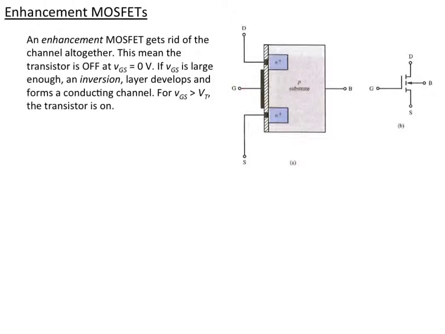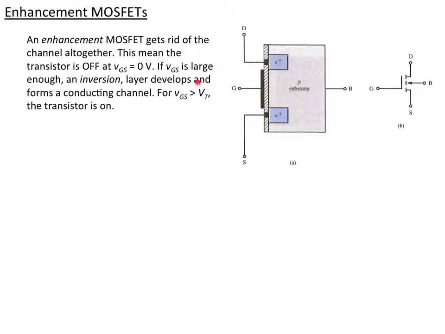However, if we make the gate voltage large enough, we will push the holes in this P substrate away, and we'll get a buildup of electrons right along the edge of the glass plate, making there a conduction channel. So in other words, we can turn on this transistor if we make the gate voltage large enough. So it's off when the gate voltage is zero, but we can turn it on, which is very useful.